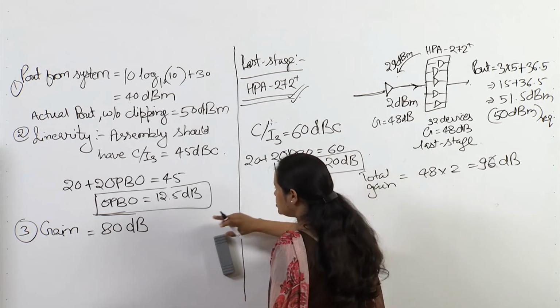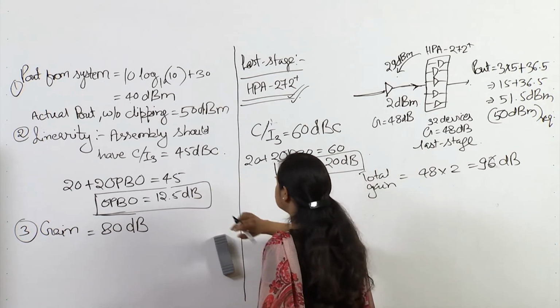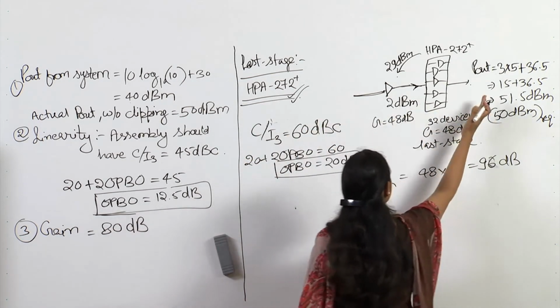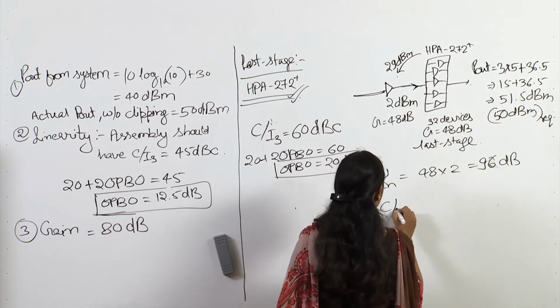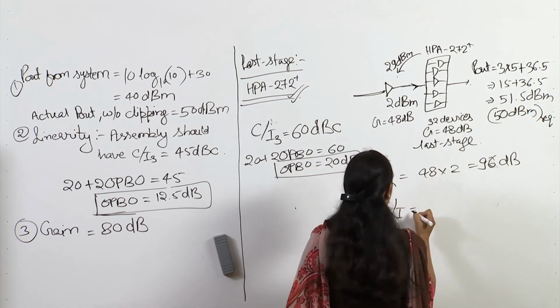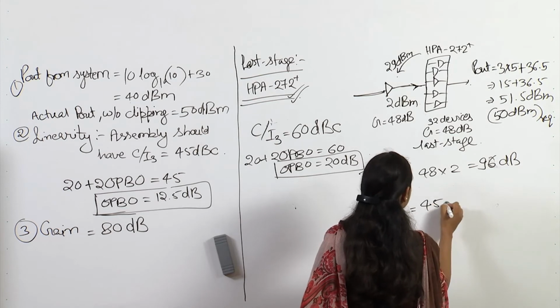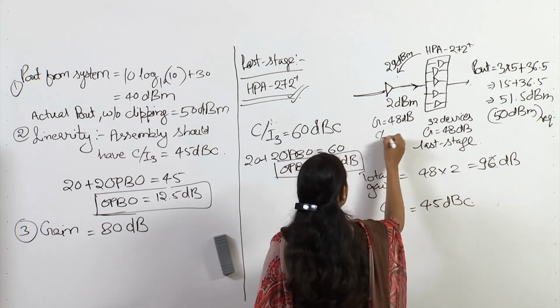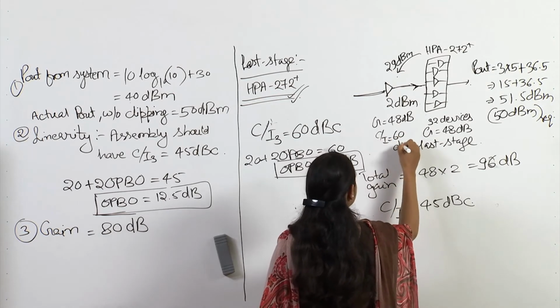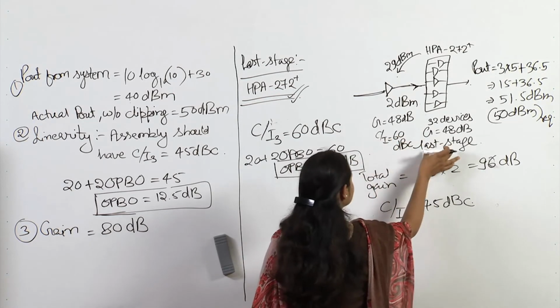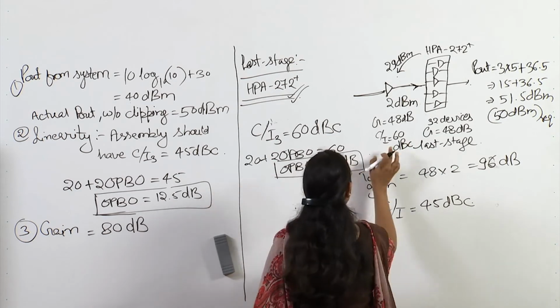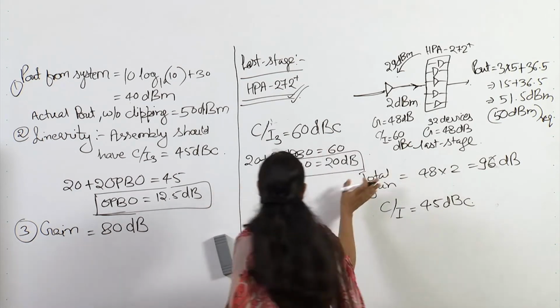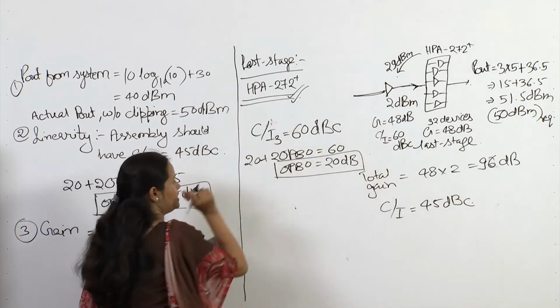Our C by I ratio is maintained easily because we have done the calculation at the output for that. So, C by I ratio is actually 45 dBc, and C by I ratio for this stage will be 60 dBc, and OPBO for this stage was 12.5, and for this stage it is 20 dB. So, this is how we designed by using this stage.